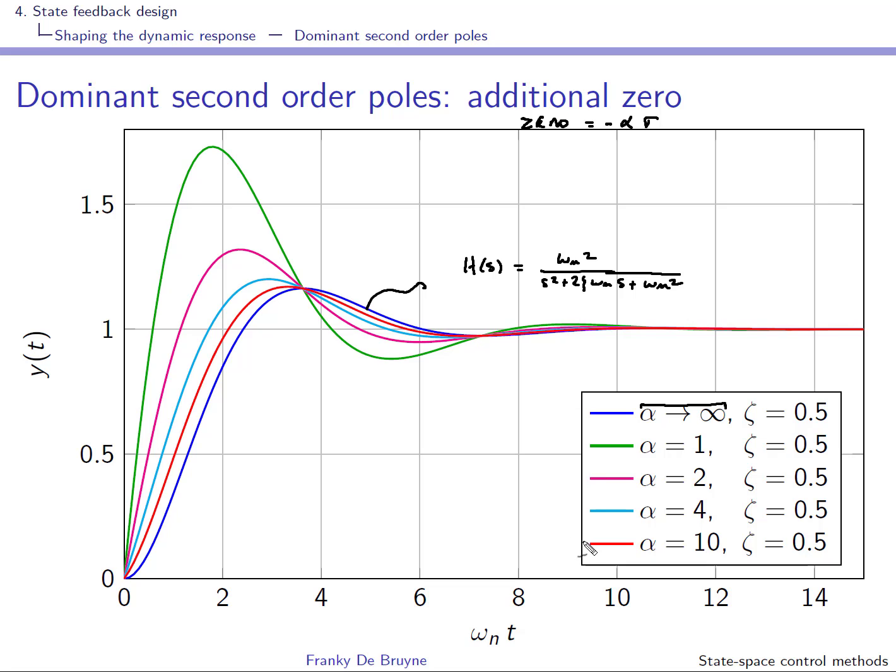Okay, and as you can see, when alpha is large, for instance when alpha is equal to 10, there is very little influence in the step response.